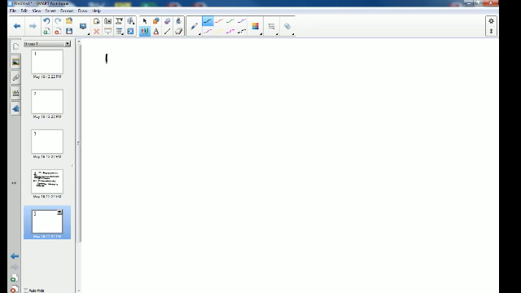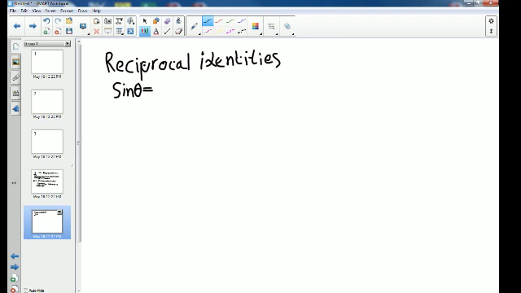A reciprocal identity, apologize for my handwriting, would be like sine theta equals 1 over cosecant theta.